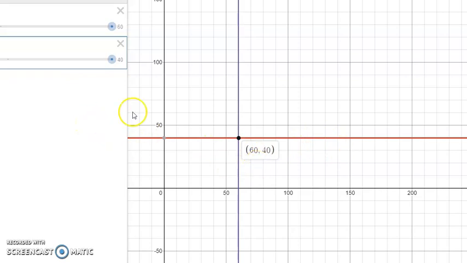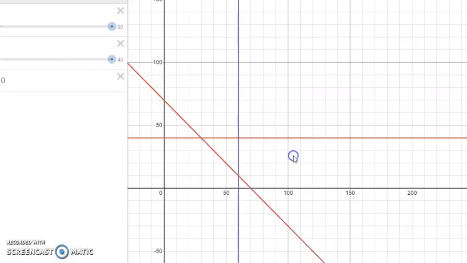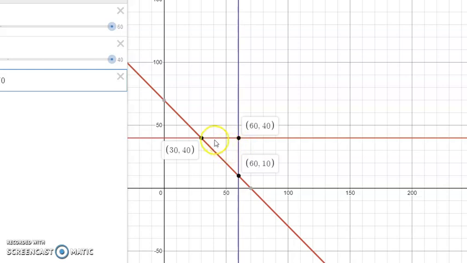Now again, you can lightly shade if that helps, like I showed before, but we're really interested in the coordinates, okay? And then our last graph is x plus y greater than or equal to 70. For the purpose of graphing, that's going to look like that. So the overlap is within this region here, so we're only interested in the points within here, okay?